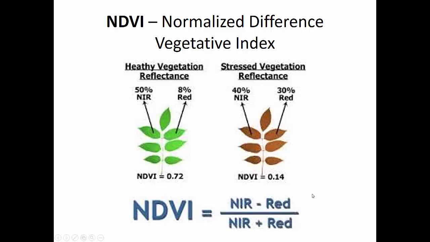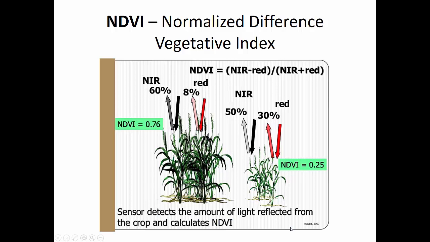And one of the common vegetative indexes is NDVI, where we use the near infrared reflectance minus the red over near infrared plus the red. So here with NDVI, the closer the value is to 1, the healthier the plant is.